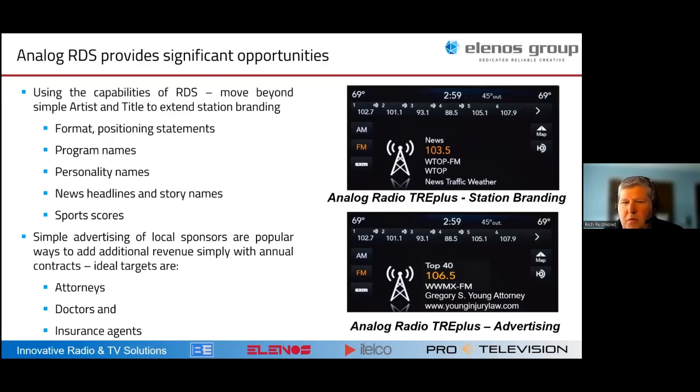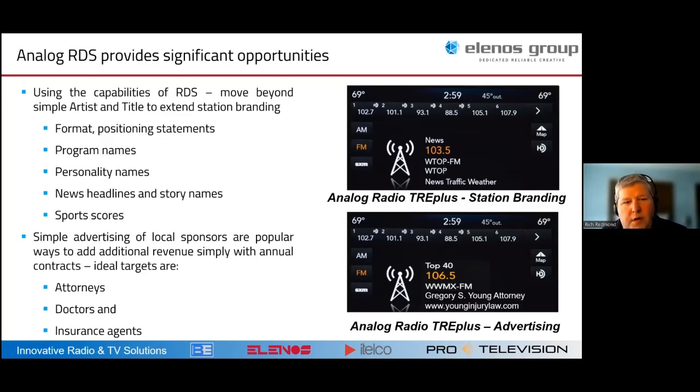The bottom right-hand corner is what one of our clients does. They have an attorney that buys a kind of overlay. During commercial breaks, when most stations just put up call letters and don't run any text that goes with each 30-second commercial, this station runs text for a local attorney, and it has the website up, which is pretty similar to what underwriting announcements are.